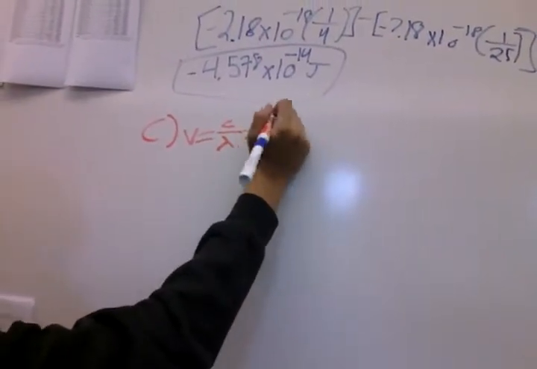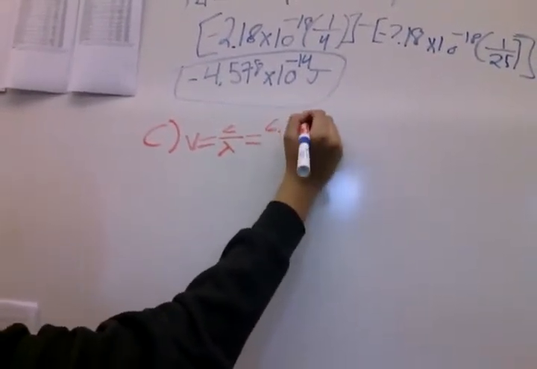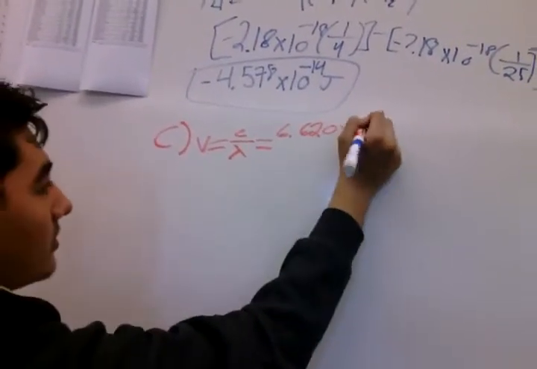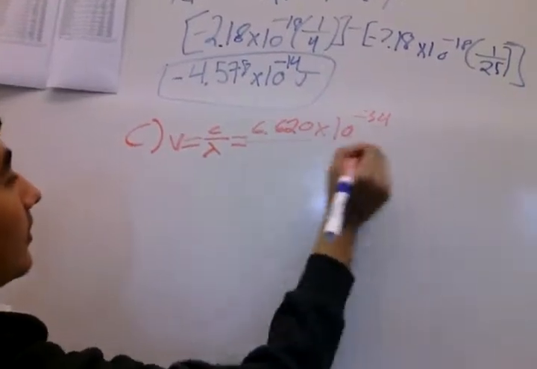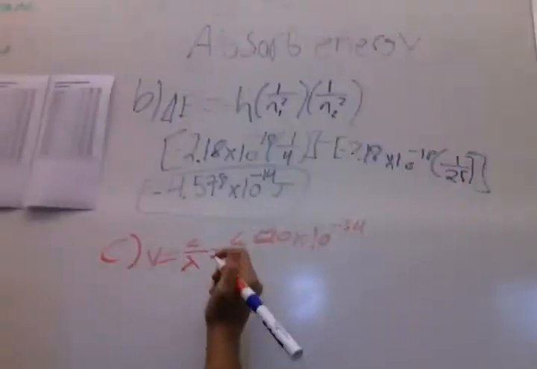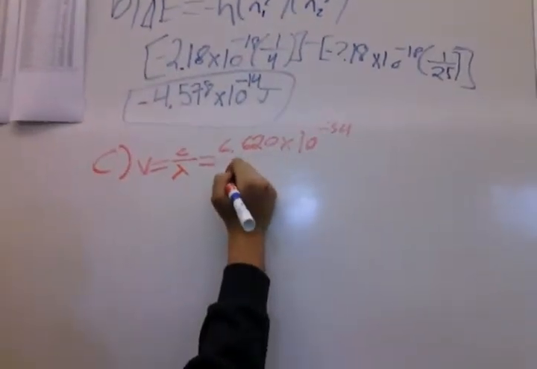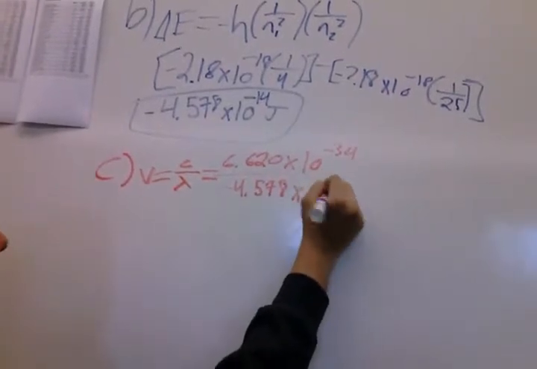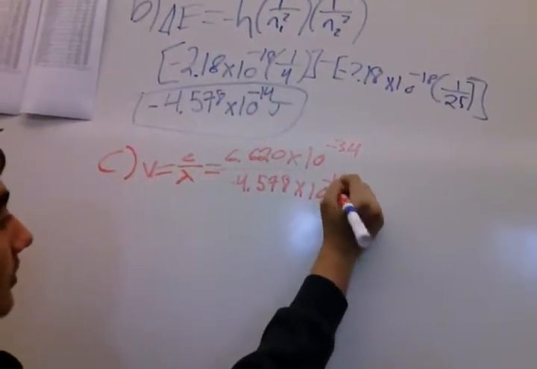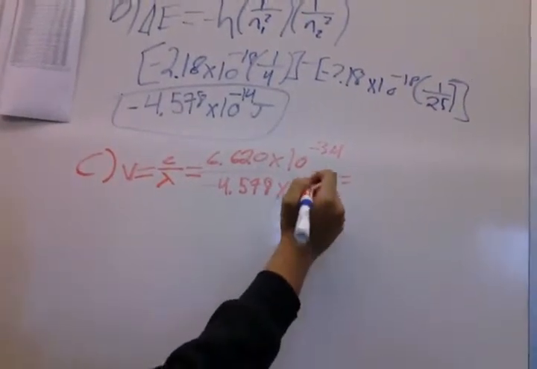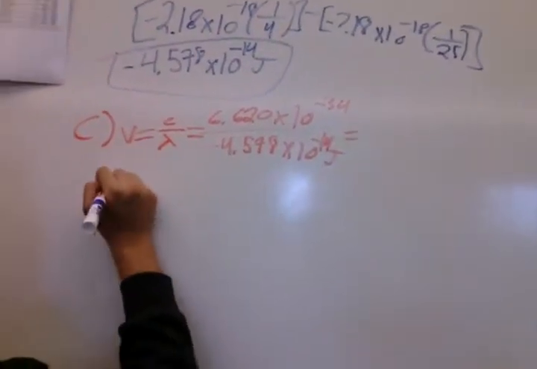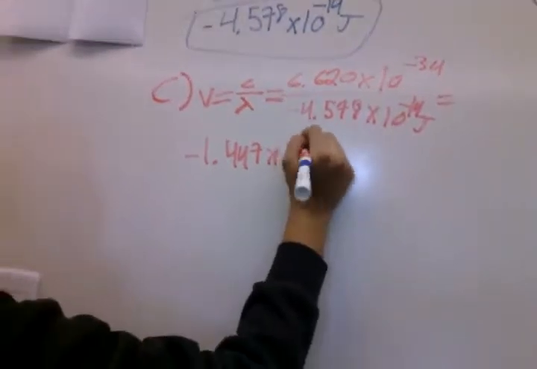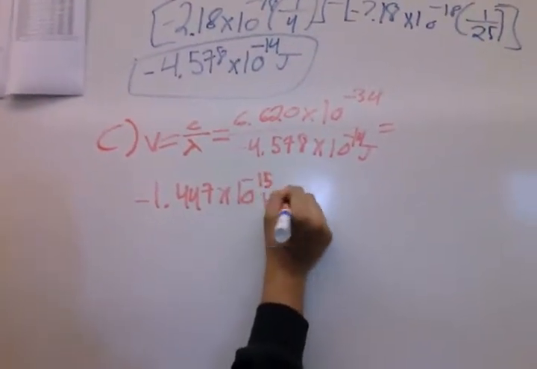So we already got h, which is 6.620 times 10 to the negative 34th power, over what we got for the energy of the photon, which is negative 4.578 times 10 to the negative 14th joules. So our answer is negative 1.447 times 10 to the negative 15th power, and it's in hertz.